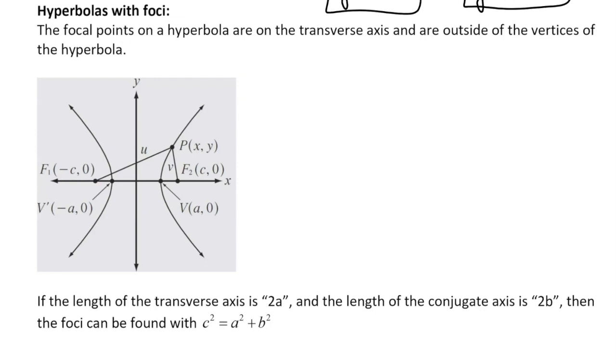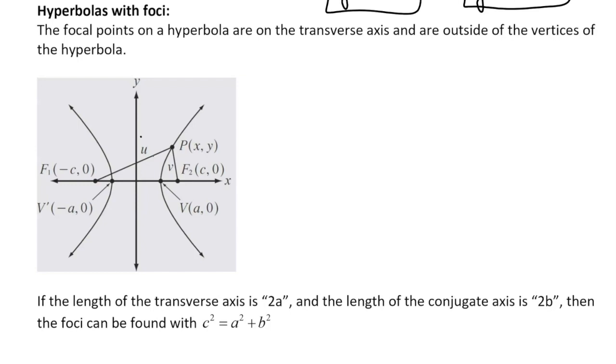But basically, for the foci for a hyperbola, it's on the outside of the vertices, and it creates this same idea of the u and the v, and if you take a look at what happens with that, the u value subtract the v value is going to be equal to 2a values.